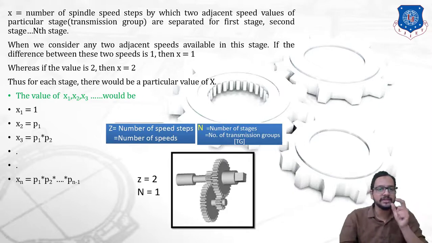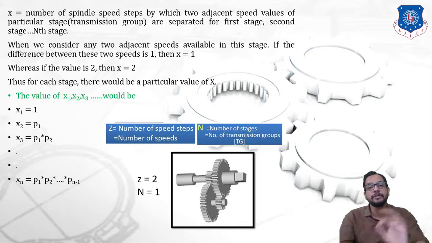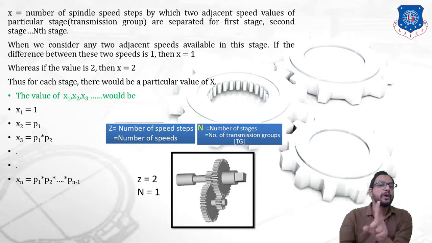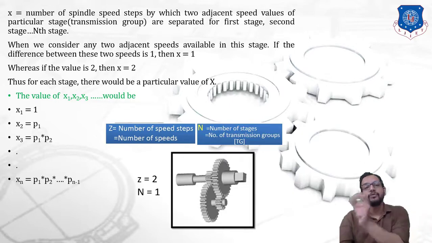So in a particular stage, if there are two different speeds, and the difference between the two speed steps is 1, then we would say x is equal to 1, which means the difference between the adjacent speed values is 1, so we take x is equal to 1. Whereas if the value is 2, then we would take x is equal to 2.